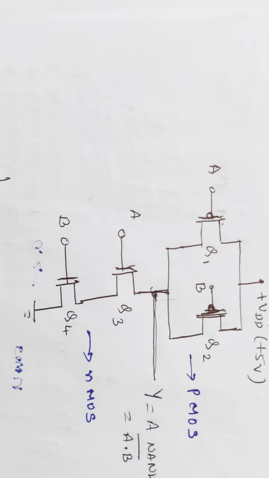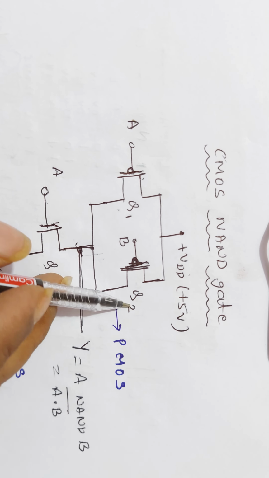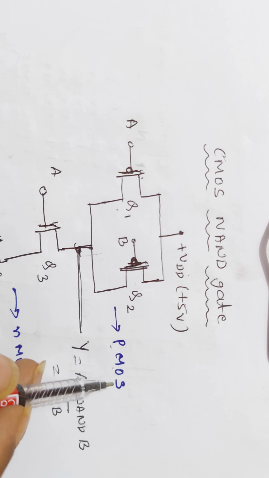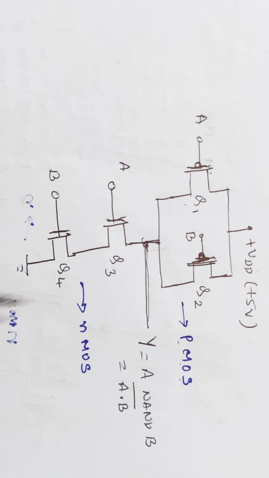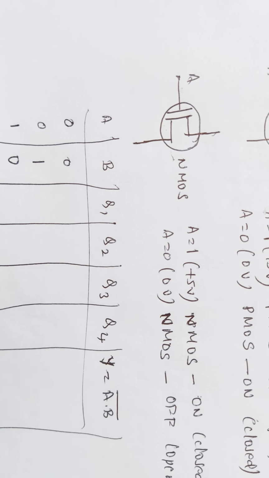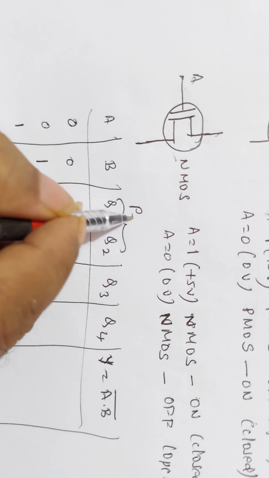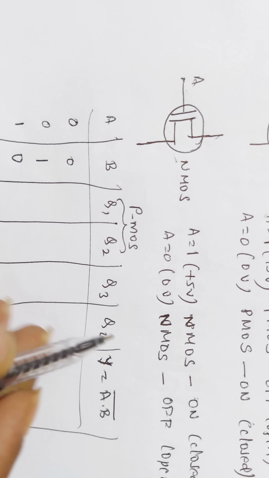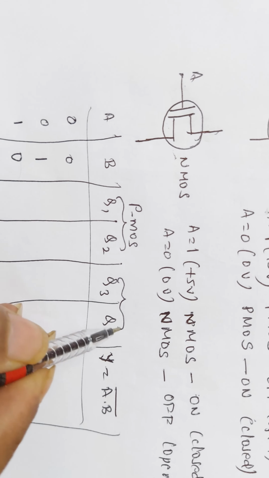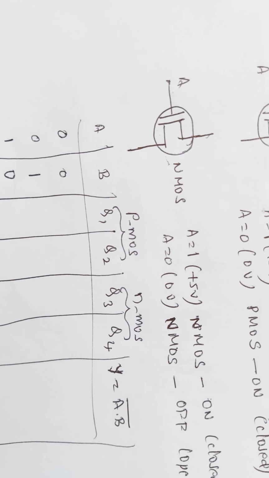Q1 and Q2 are PMOS transistors, whereas Q3 and Q4 are NMOS transistors.